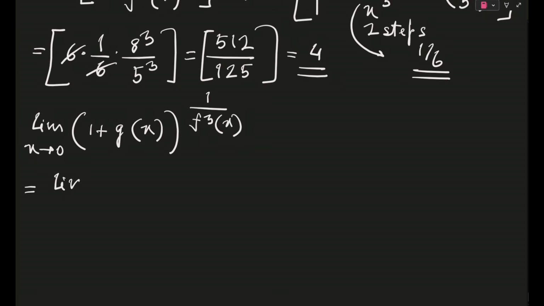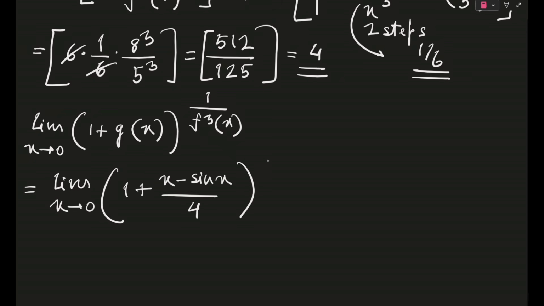This will be limit x tending to 0, and inside will be 1 plus x minus sin x by 4, and above you will have this as 8 cube by 5 cube into x cube in the denominator. If we apply x tending to 0 right here, yes, it's a 1 power infinity form. This was very clear actually. Such forms are always 1 power infinity forms.